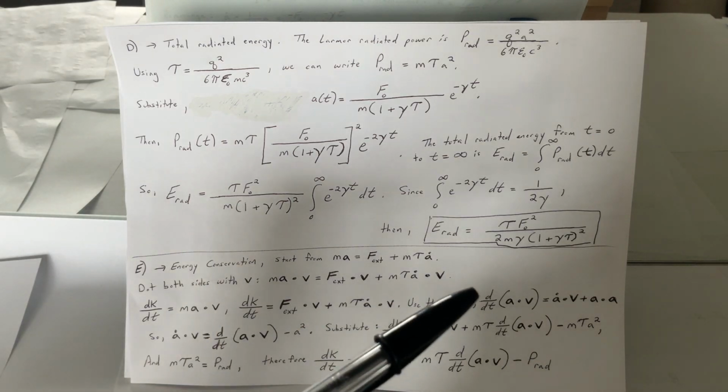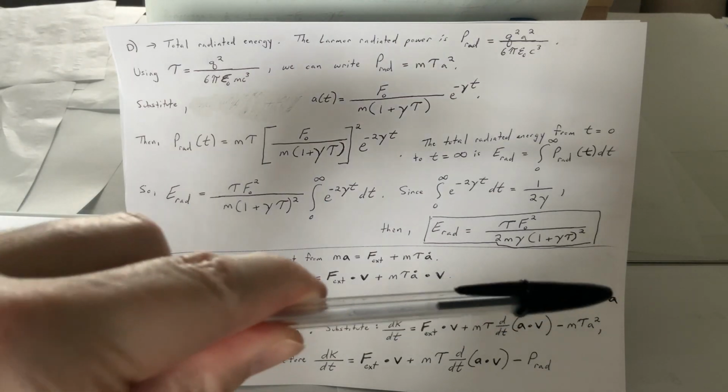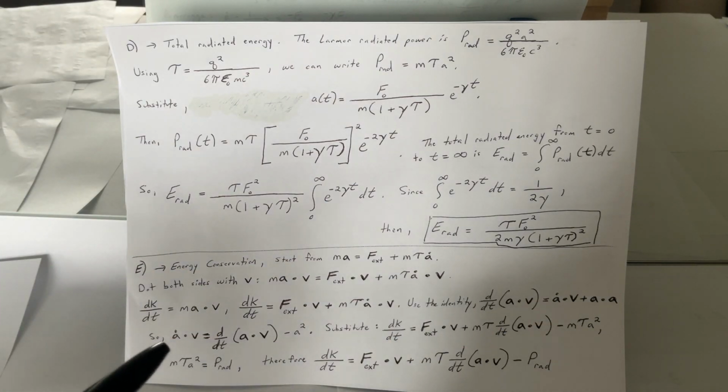And if we use this identity, d/dt of a dot v equals a dot dot v plus a dot a, so a dot dot v equals d/dt of a dot v minus a squared.